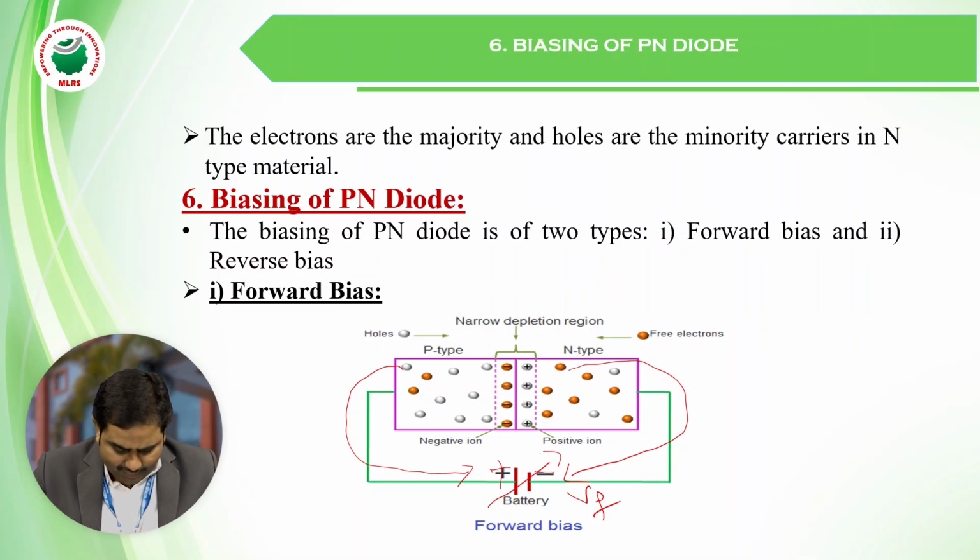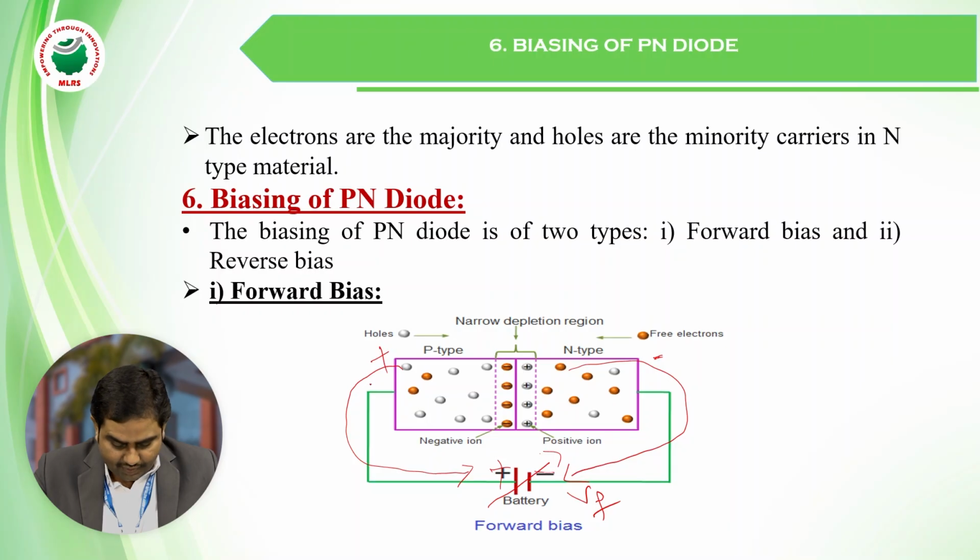The p-type has majority carriers, holes, which have positive charge. The n-type consists of electrons as majority carriers, with a negative symbol, that means minus. So plus cannot attract towards plus, and minus cannot attract towards minus. Then what will happen?